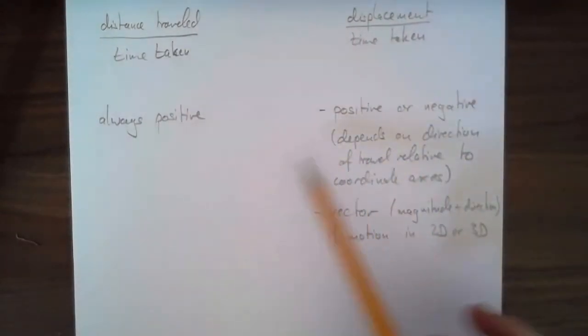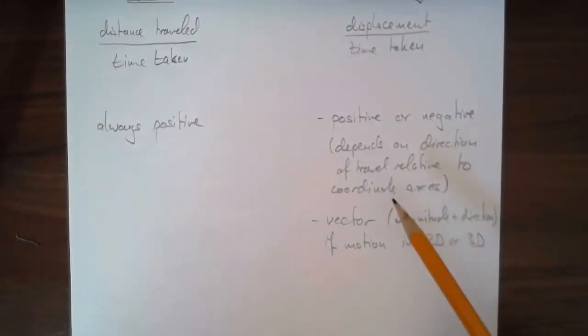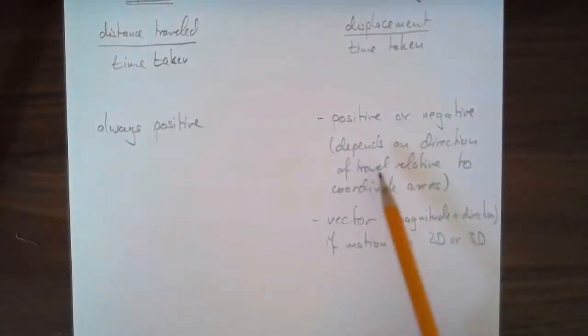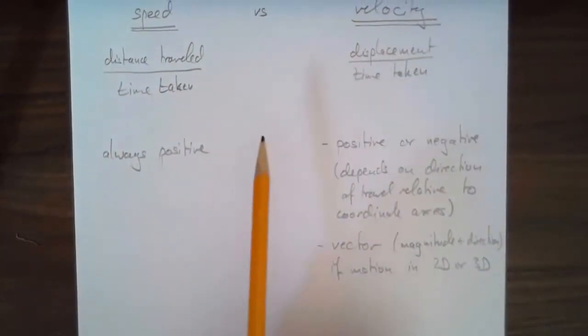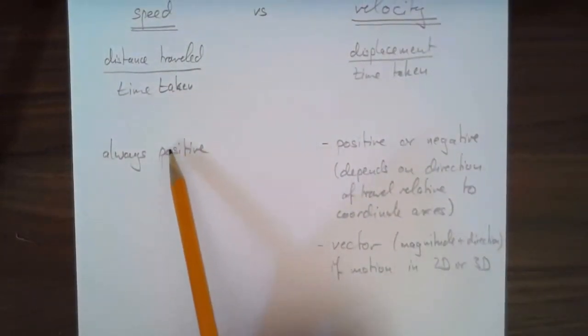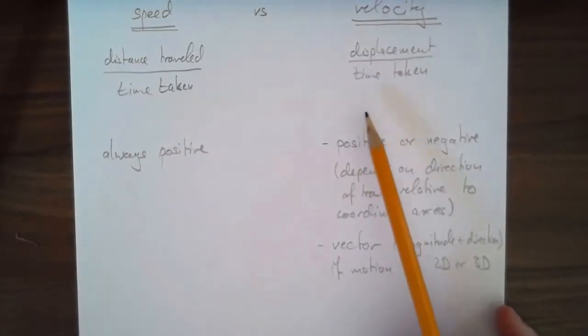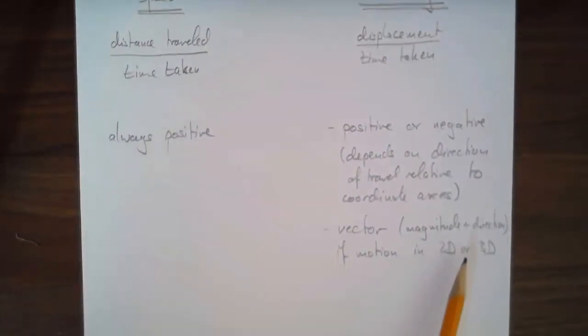For now, we can think of it as being positive or negative, because you can be moving in the same direction as the coordinate axis or in the opposite direction. How are those related? Well, in a sense, speed is the magnitude of the velocity. That is true when we're talking about like this, when I'm not taking turns, when my velocity isn't changing.